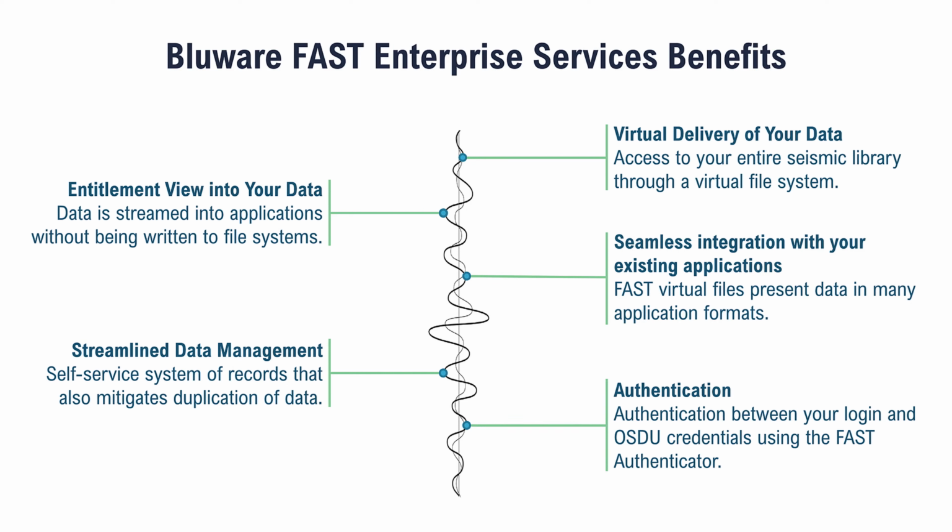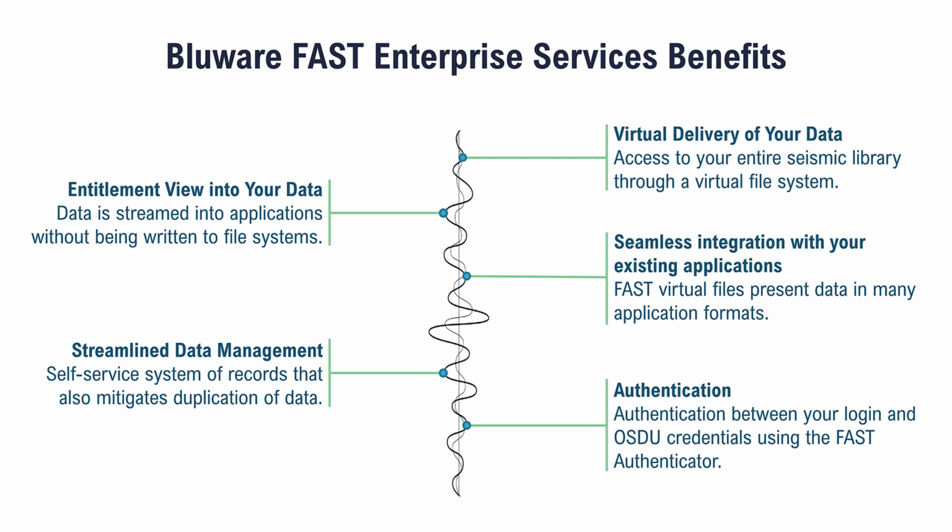Taking a look at FAST Enterprise Services benefits, there is also virtual delivery of your data: access to your entire seismic library just as before through a virtual file system. There is also an entitlement view into your data. Data is streamed into applications without being written to file systems. There's also seamless integration with your existing applications.